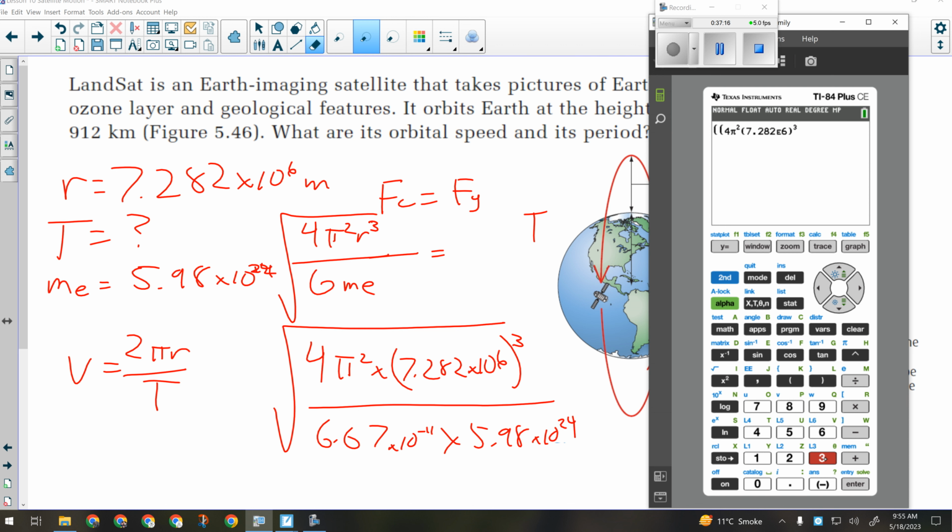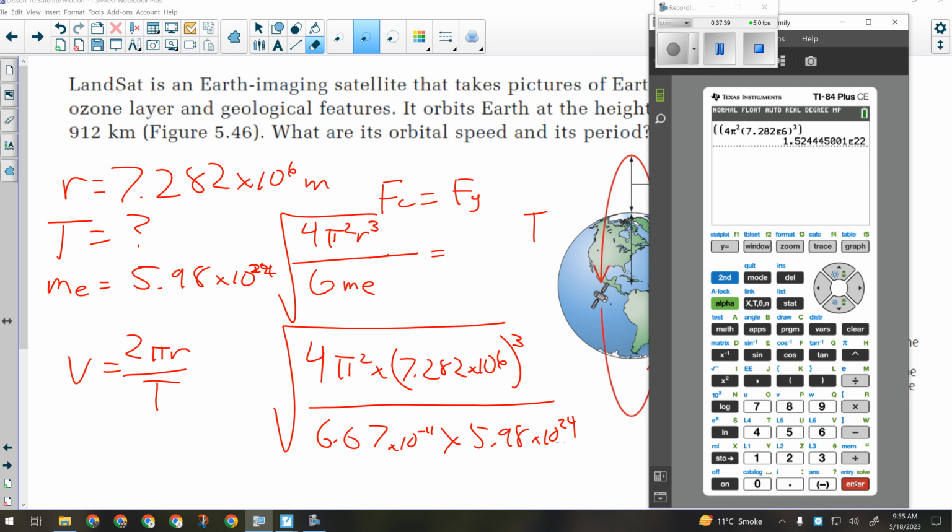Or press the exponent button and choose 3. I don't like doing it that way, I'm kind of old school. I always find people mess it up. It's a me thing.